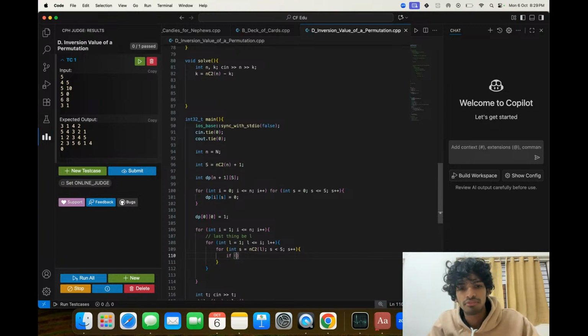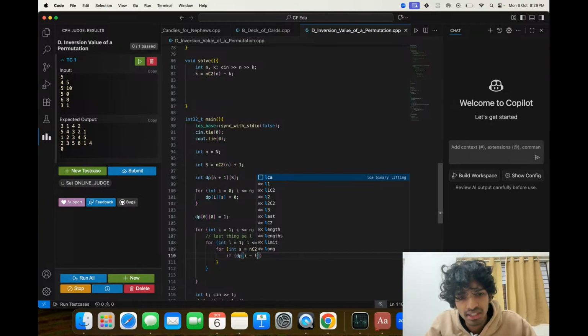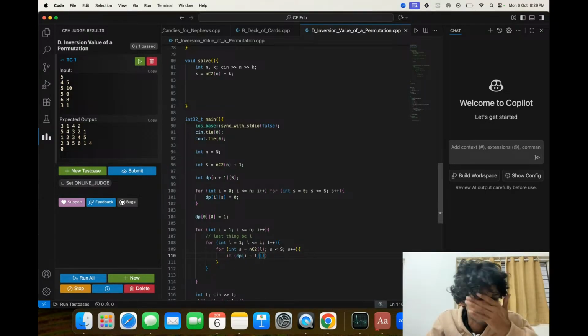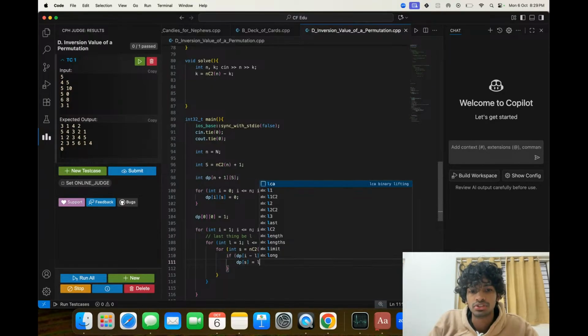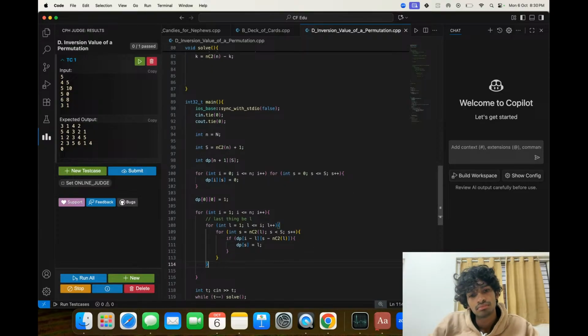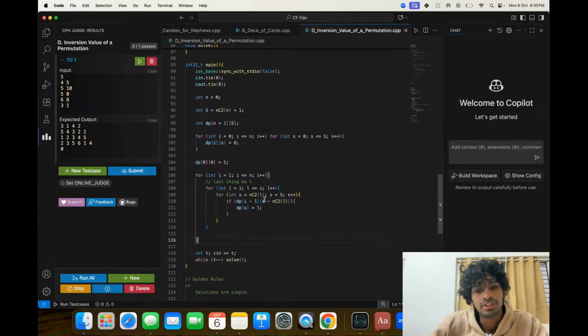If dp of i minus L, with this sum, if you can form s minus nC2 of L, then dp of i of s equals to L.